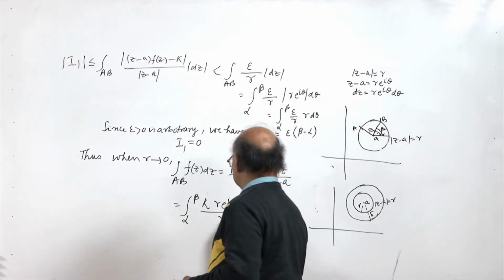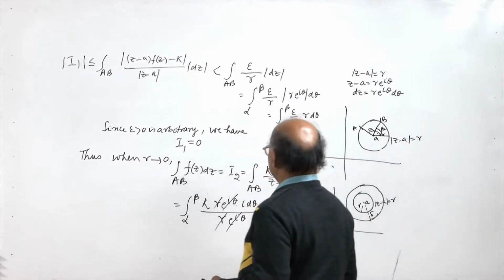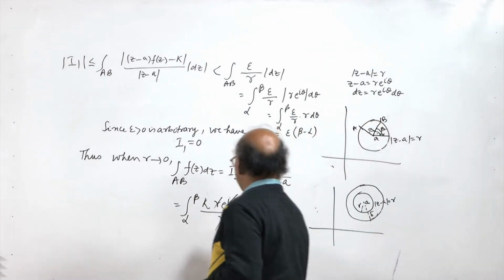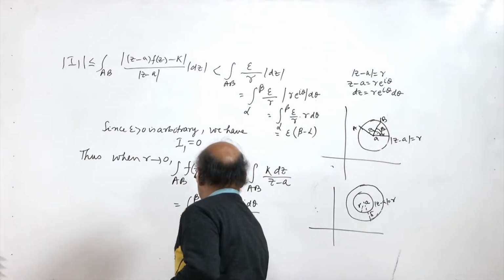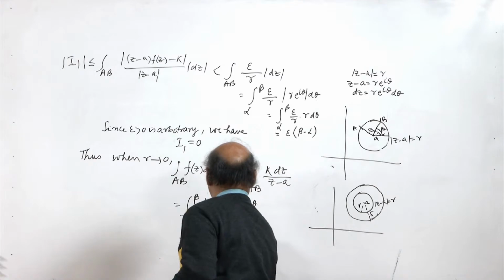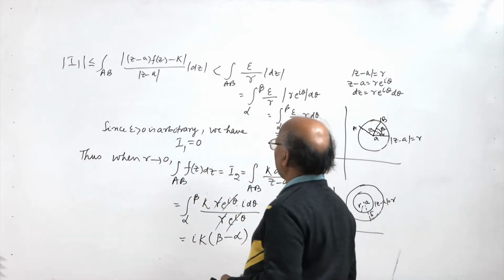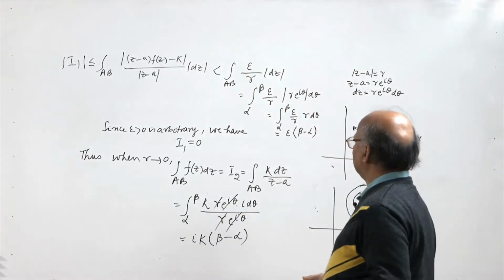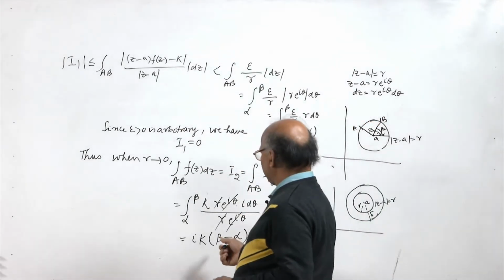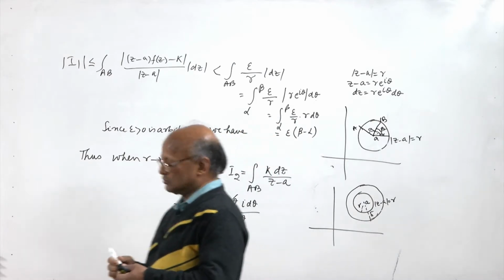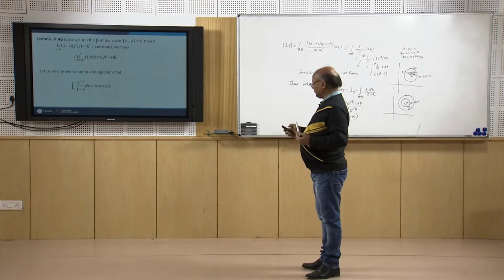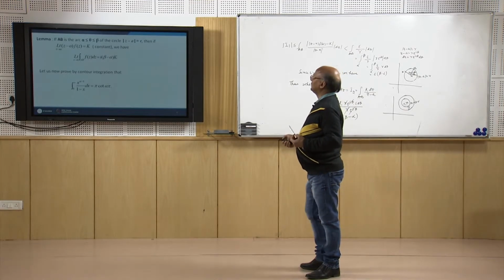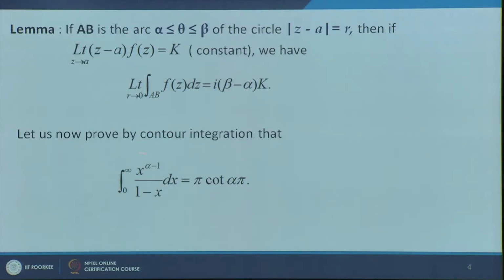These two cancel each other, and thus we have i into k times (beta minus alpha). So, thus when r goes to 0, the integral over AB of f(z) dz tends to i into k times (beta minus alpha). So, this is the lemma which we will use to evaluate this real integral by using the contour integration.